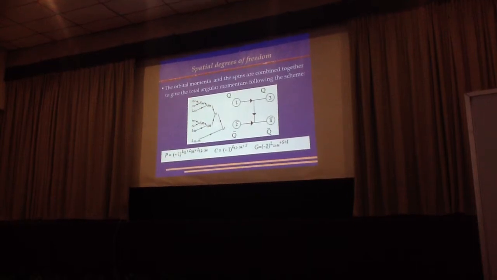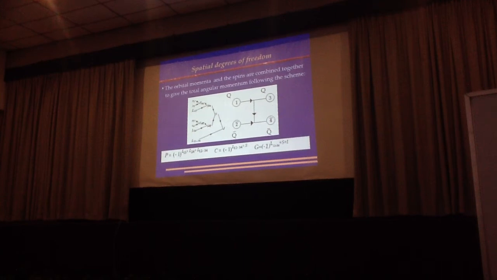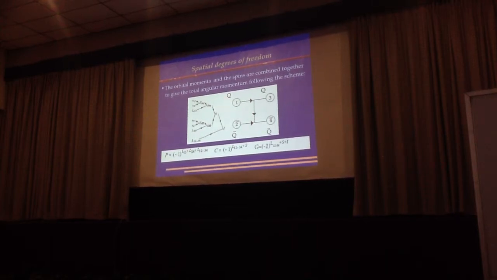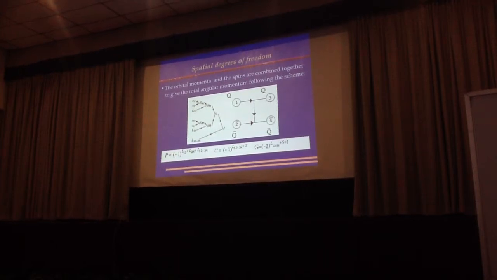For example, we combine the spins of the two quarks with the angular momentum between the two quarks to give this total angular momentum. The same for the two antiquarks. Together they give this S that is not a spin but a combination of angular momentum and spins. And overall we have the total angular momentum.